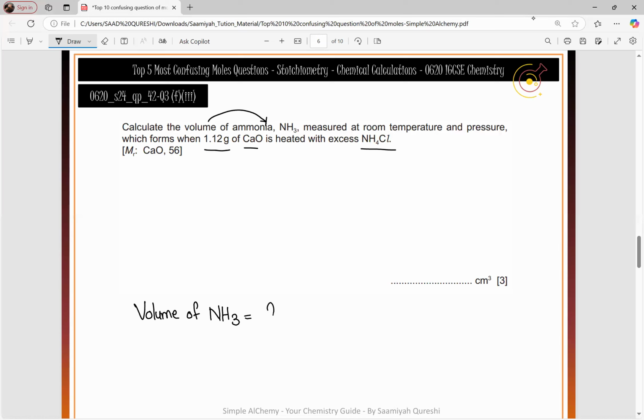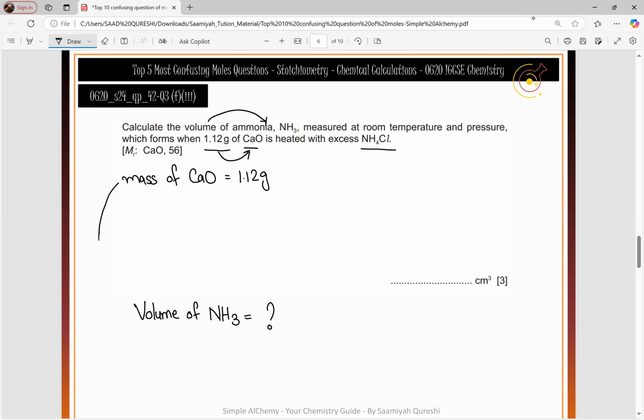We have been given the mass of calcium oxide, which is 1.12 grams.